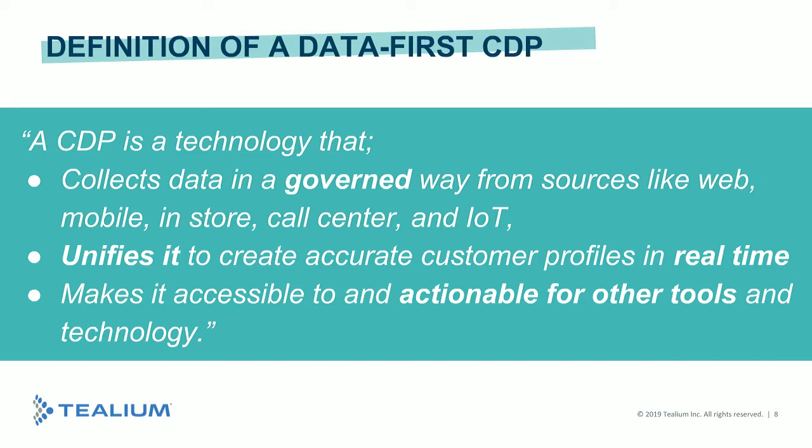And what that means is that your CDP needs to collect data in a governed way across many different data types, which of course is very difficult to do. Secondly, it unifies that data to create accurate customer profiles in real time. So if you're engaging your customer, you need to be able to engage your customer at the speed of the customer, right?